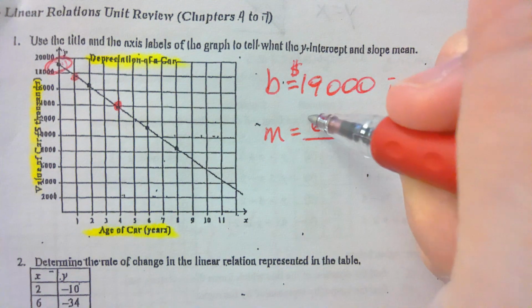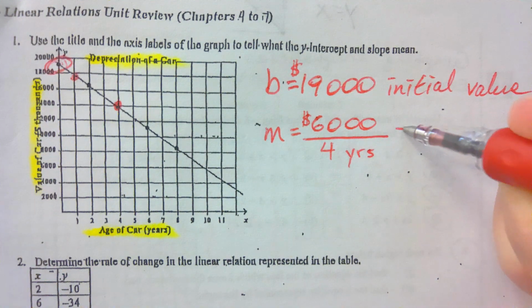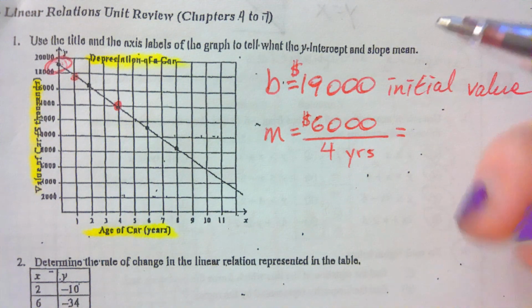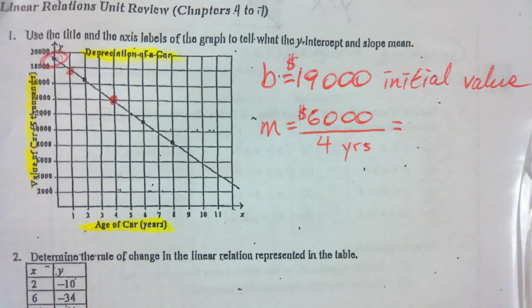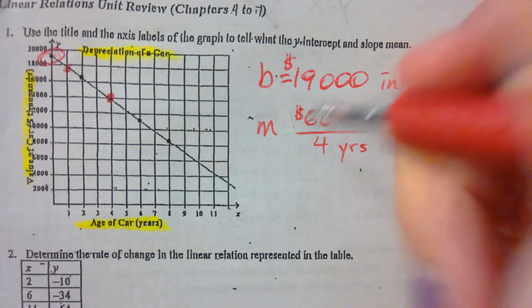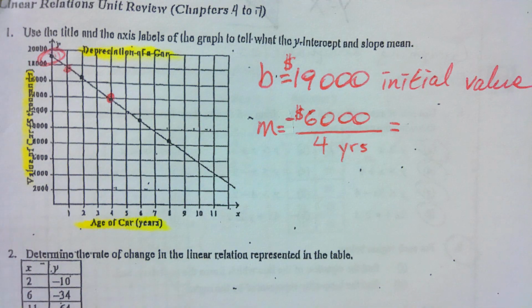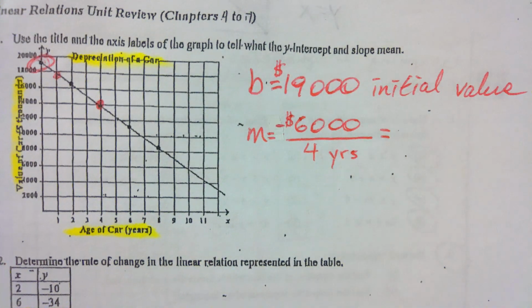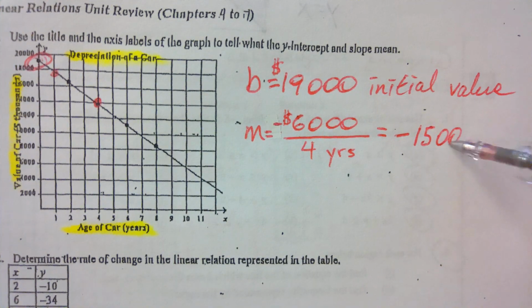In 4 years. Okay, so that's your slope basically. It went down, so it didn't go up. If I did positive, it means that the value of the car went up. But as we just said, it goes down. So going down 6,000 by 4 years, which means negative 1,500.